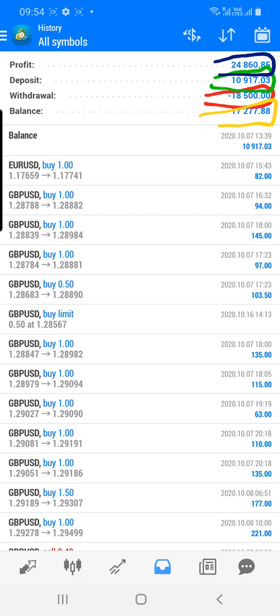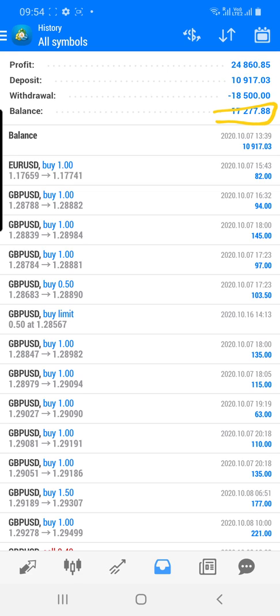So the deposit of 10,900 has resulted in a 24,800 profit. 18,500 was withdrawn for something to enjoy life as well, and we have a balance of 17,277.